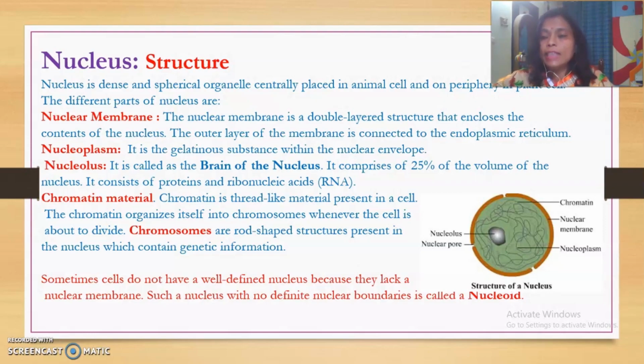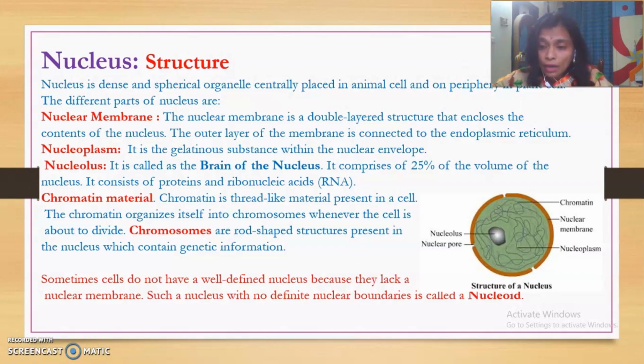Nucleus generally has four main parts. First one is the nuclear membrane. It is just like an envelope which totally encloses the nucleus. Then comes the fluid part or the gelatinous substance which is filled inside the nucleus. That gelatinous substance is called nucleoplasm.